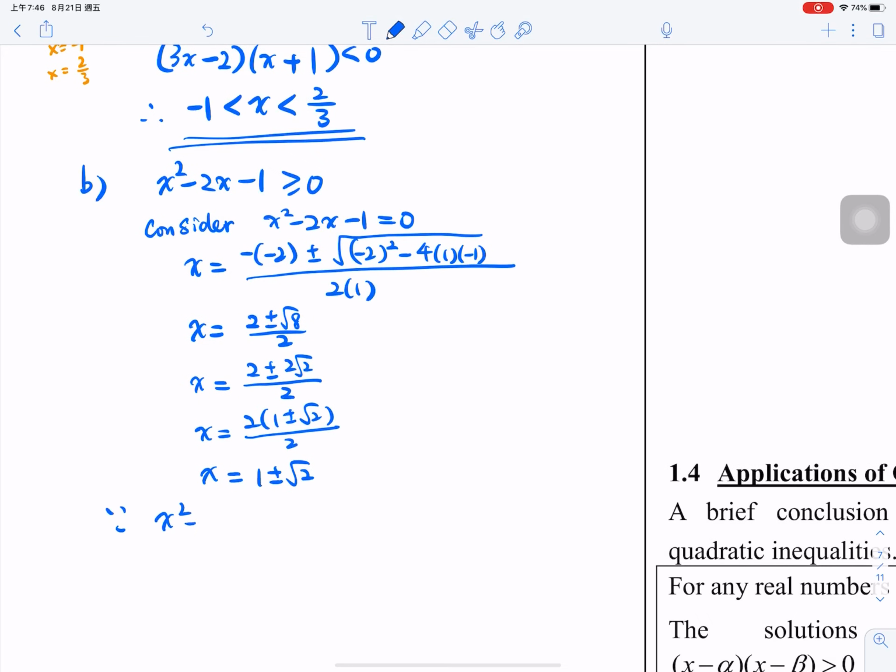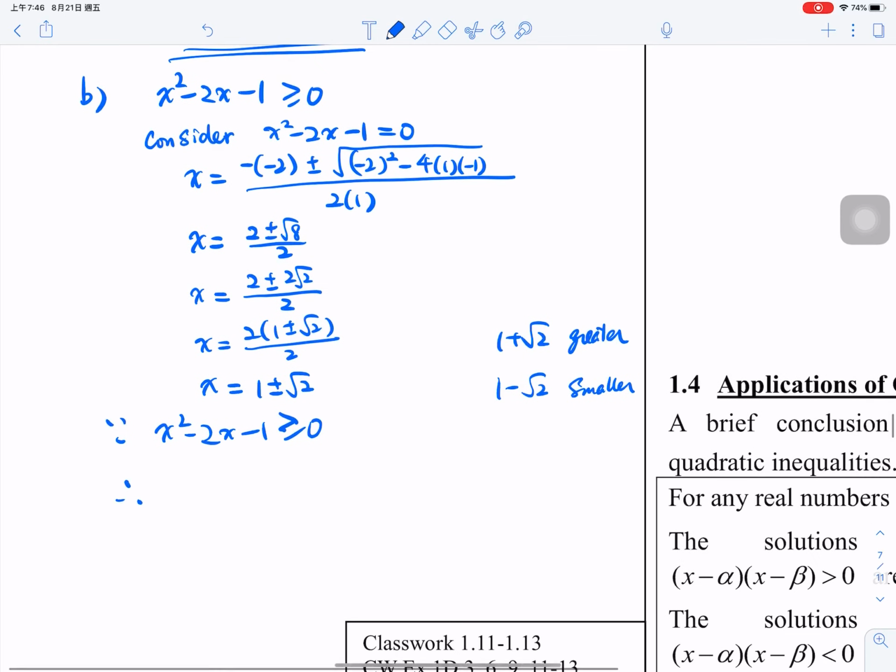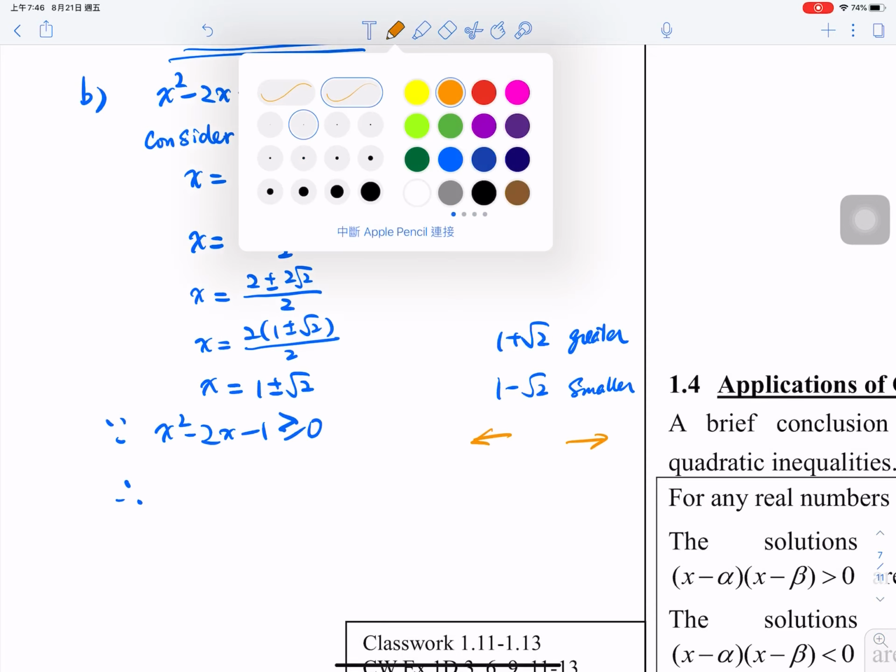Since x squared minus 2x minus 1 greater than or equals 0, and we have 1 plus root 2 and 1 minus root 2. This one is the smaller one. This one is the greater one, right? Greater than 0 means two sides. Maybe I write this symbol for you. The answer should be two sides, right?